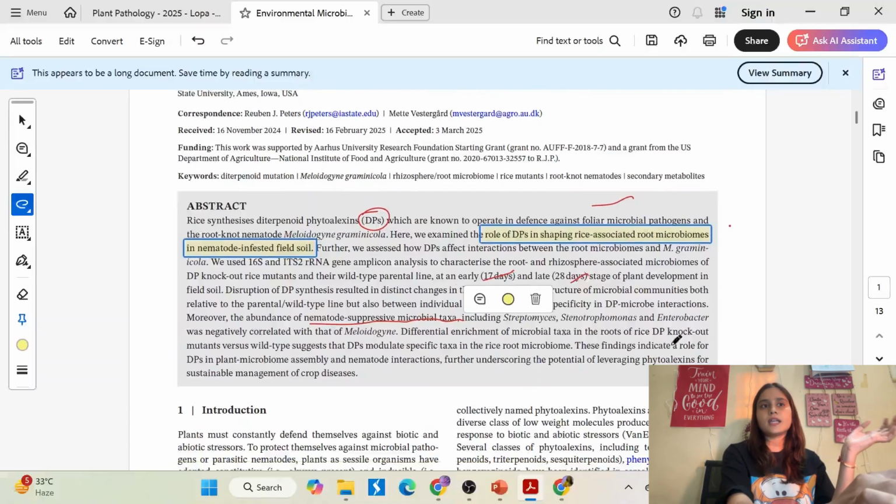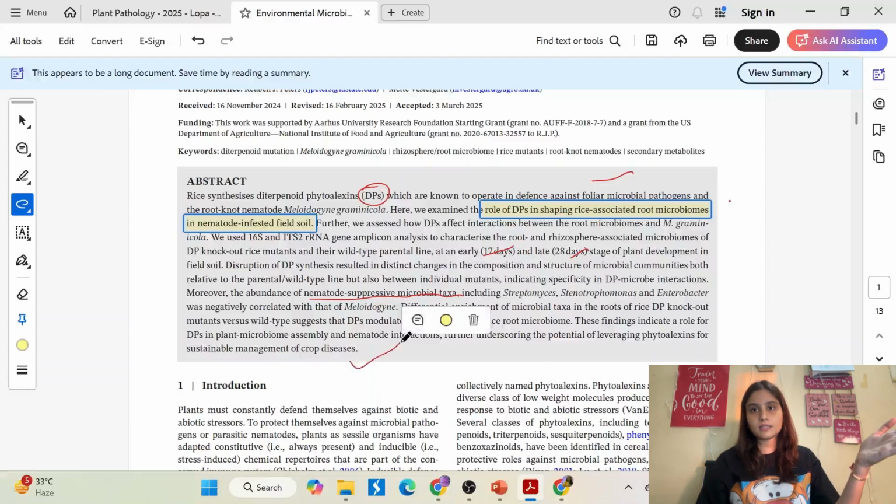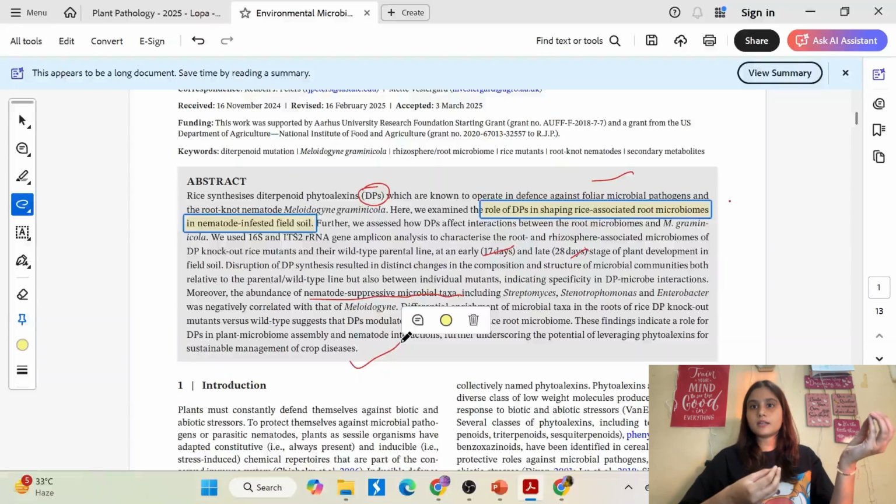These findings indicate a role for DP in plant microbiome assembly and nematode interaction, further underscoring the potential of leveraging phytoalexins for the sustainable management of crop diseases. So previously, we have seen that whenever a compound is studied, initially it is identified, then it is characterized, then its role in plant is reported.